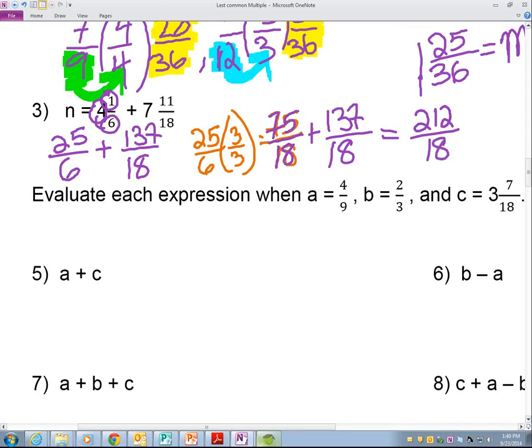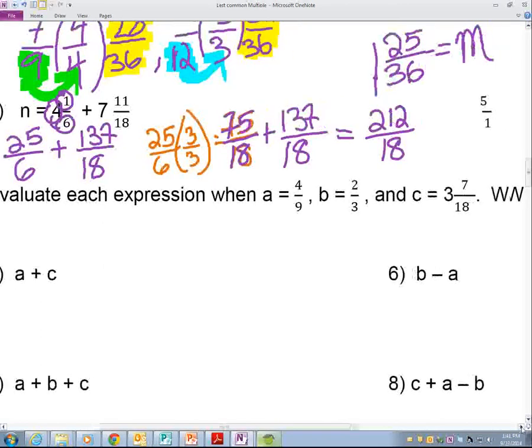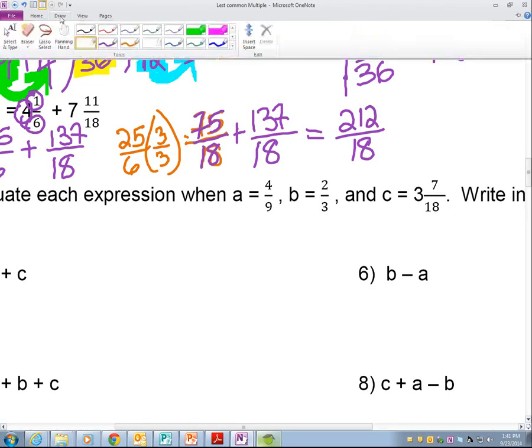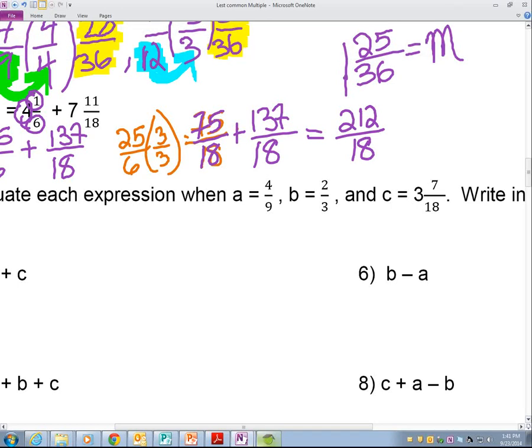Is that correct? Yeah, it is. Then we have 18 divided by 212. What is it?